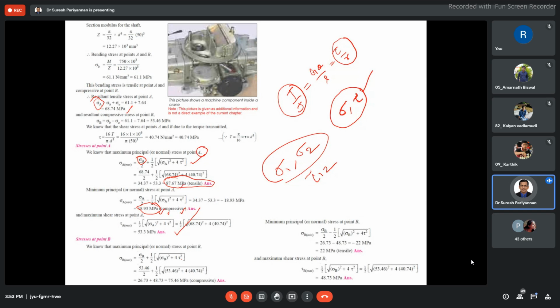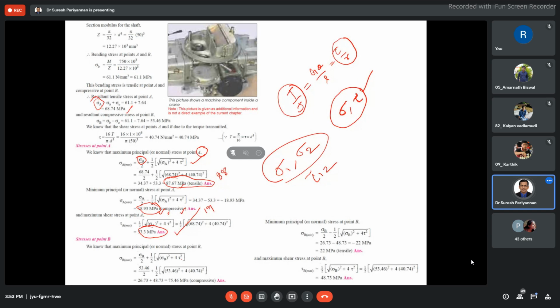Sigma 1 minus sigma 2, minus sigma 2 will become plus 18.93. You can consider 88 and 19 here. The 88 plus 19 is 107, divided by 2, finally you are going to get 53.3 megapascal. That way also you can find it out.